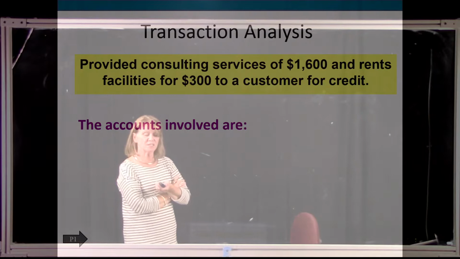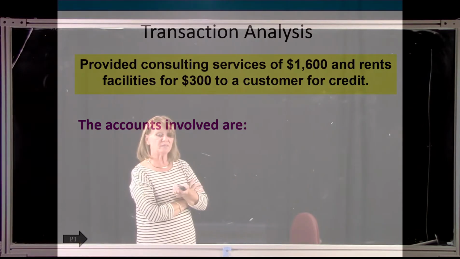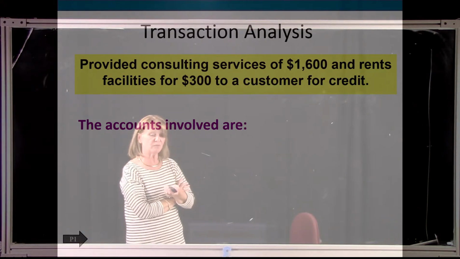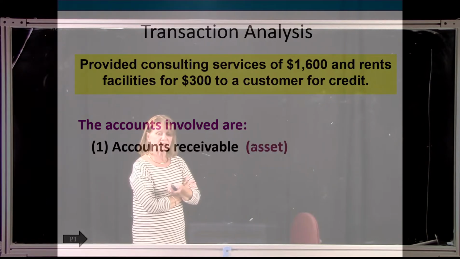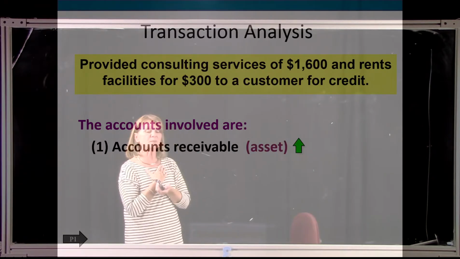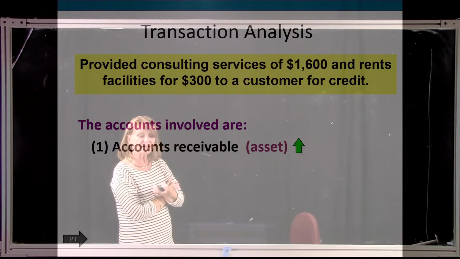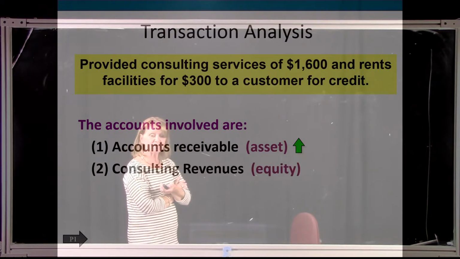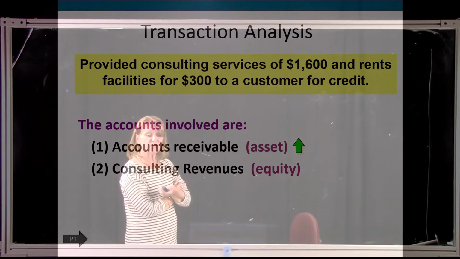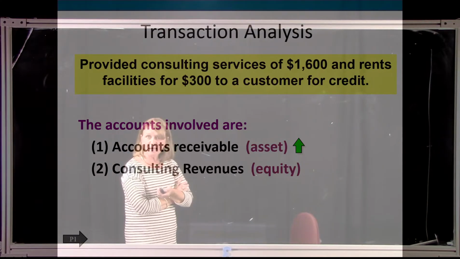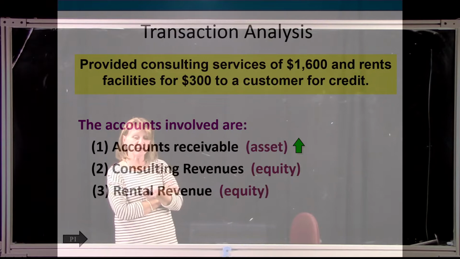We provided consulting services of $1,600 and rent of facilities for $300 to a customer for credit. So accounts receivable is money that another company owes us, and that is an asset account. The second is consulting revenues. That's a revenue account, so it's money that increases our equity.